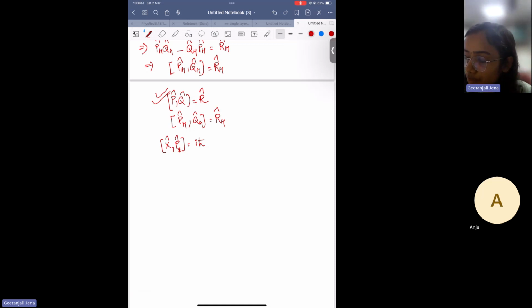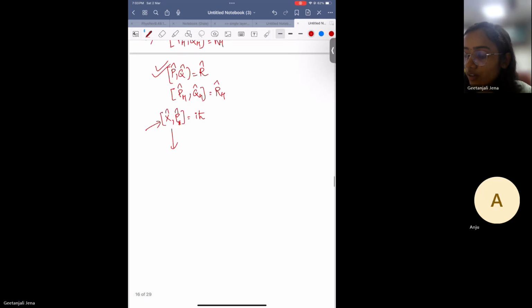So if you have this condition and you want to find the commutation relation in the Heisenberg picture, this is x_H with p_H, which is nothing but iħ.